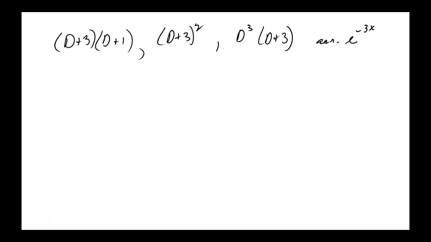And if you just go back to equation 5 near the top of the previous page, the D plus 3 automatically annihilates e to the minus 3x. Okay? This annihilates that. And since D plus 3 is a factor in each of those, it has to annihilate e to the minus 3x as well.